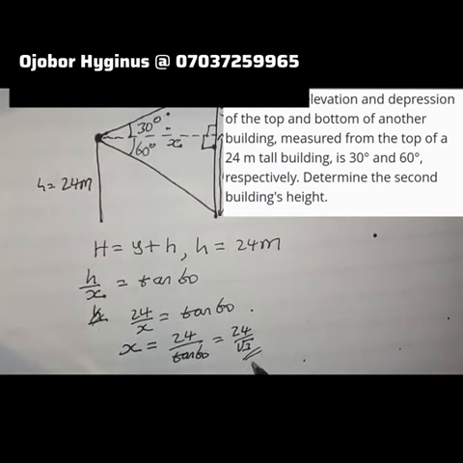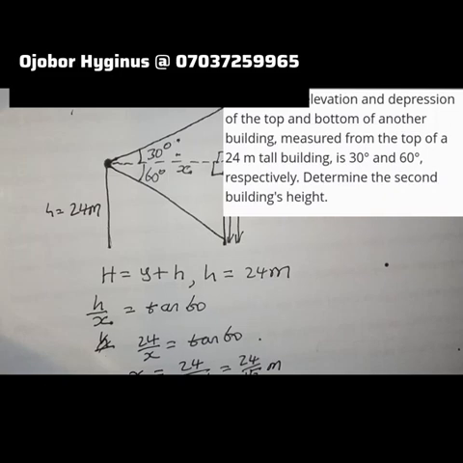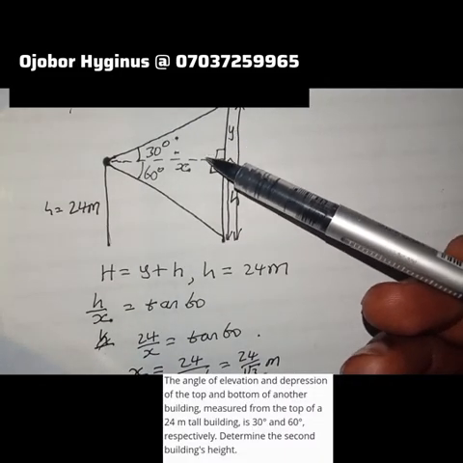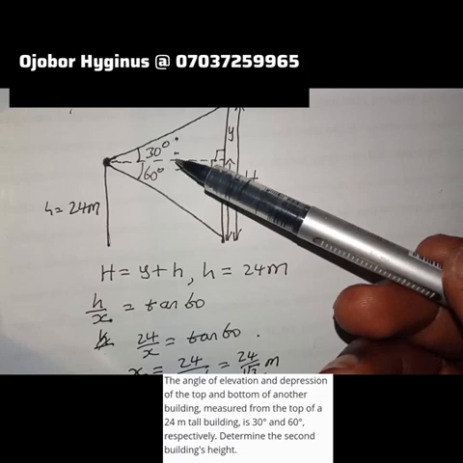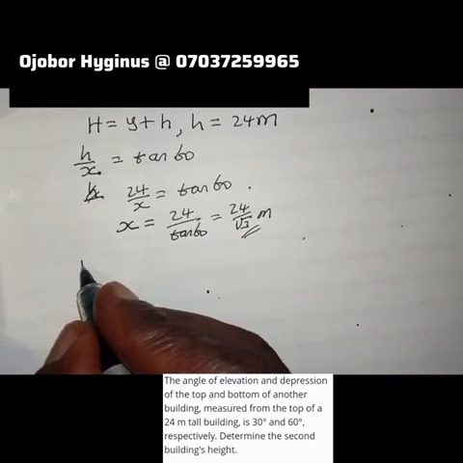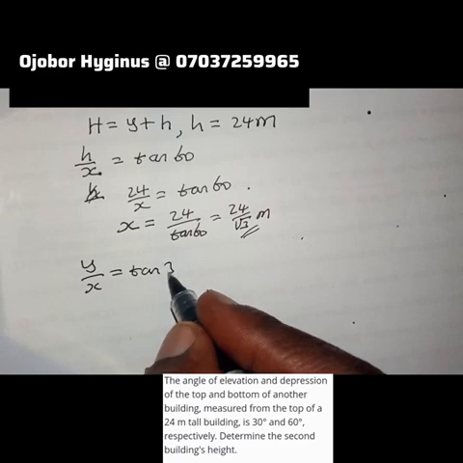We can leave it like this for the meantime because that is not the final answer to the question, so that we can use it to solve for that. If x is 24 over root 3, we can as well get x from the second triangle. If you look at the second triangle, y is the opposite and x is still the adjacent for 30 degrees. So y over x equals tan 30.